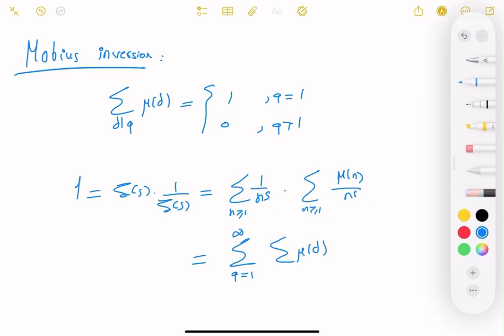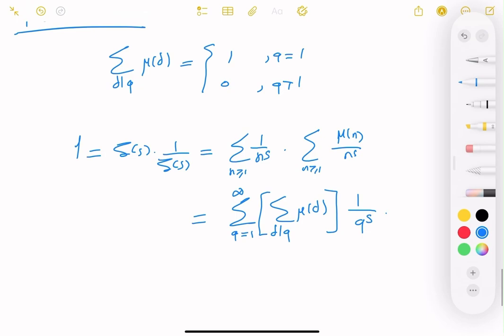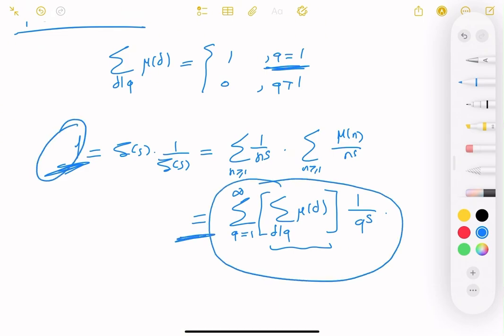So if you pick up the coefficients, these are going to be the coefficients, and then 1 over q to the s. And then it's quite immediate that this is going to be 1 exactly when q is 1, and it's going to be 0 otherwise because of this equality here. So because of the equality of these two, if you compare the coefficients, you see that this follows.